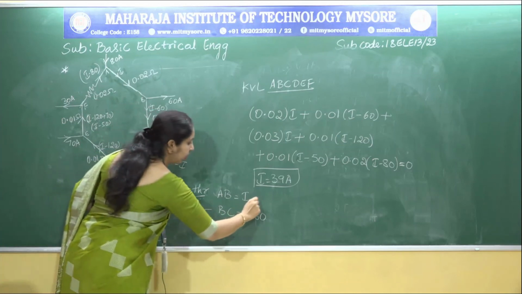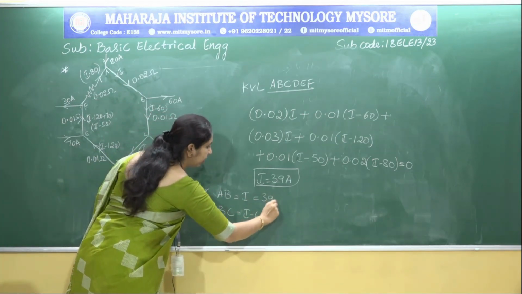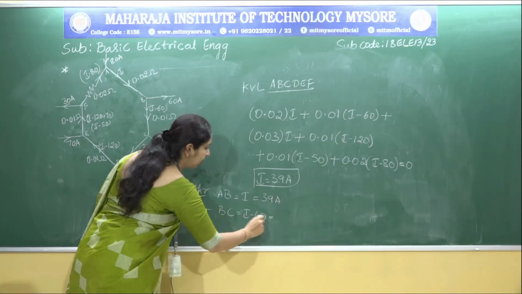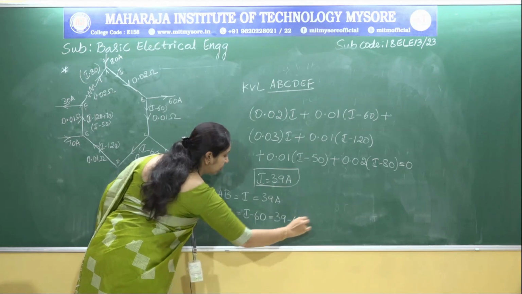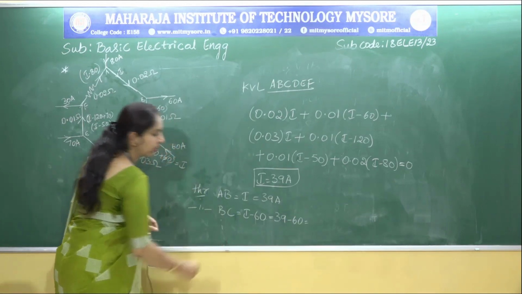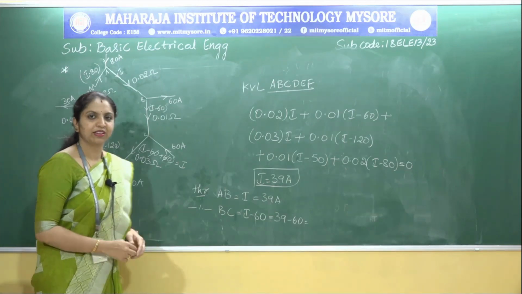You can simplify the values here: from A to B it is directly 39 amperes, and similarly I minus 60 is 39 minus 60. You can simplify the currents through all the branches similarly. Thank you.